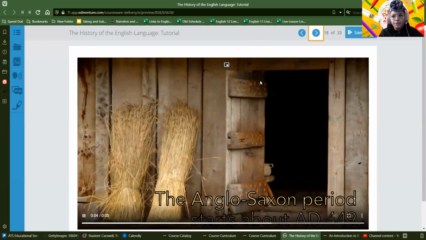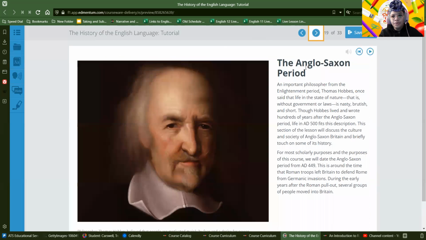So we are gonna jump into the Anglo-Saxon period really quick. I think this will be the last thing that I can finish for today. So the Anglo-Saxon period, now that we know what modern English has evolved into and how we got dictionaries and stuff, is what we're focusing on, because once you start reading Beowulf and some of the other things from this lesson, that's where this information comes together.